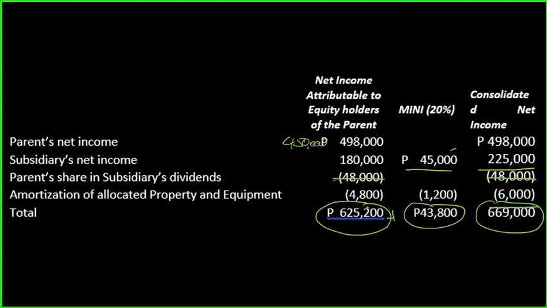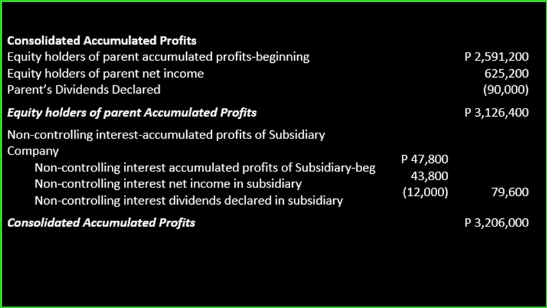Okay? Kung consolidated retained earnings naman, ito yung papasok sa consolidated retained earnings natin. Ito yung papasok sa T accounts ng minority interest po natin. Okay, so, let's compute. Ayun, siya to.